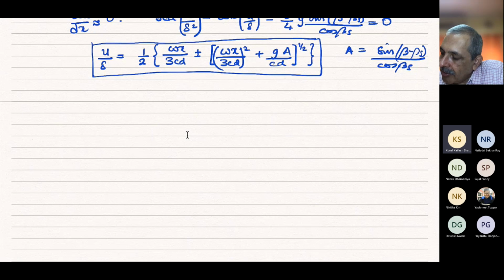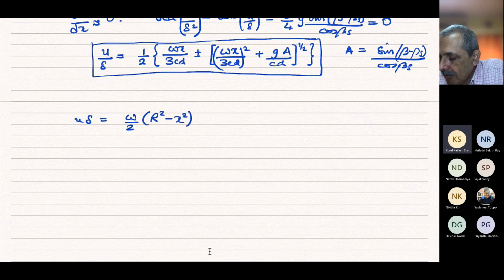So here you have a result, and now you can substitute for delta. We know that u times delta is, as we have seen, omega by 2 into r squared minus x squared.